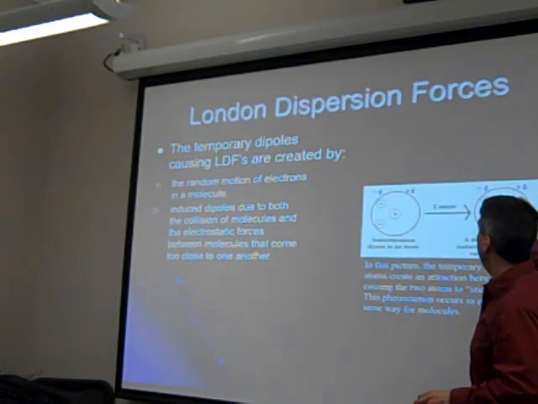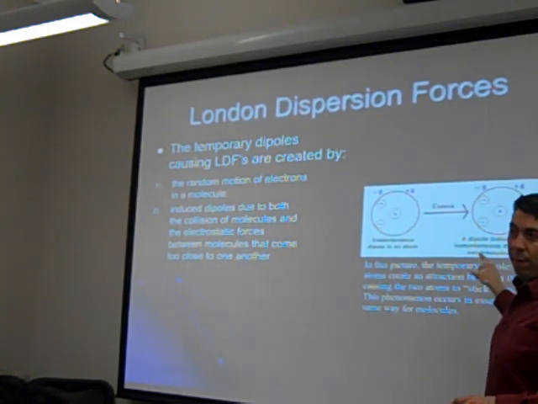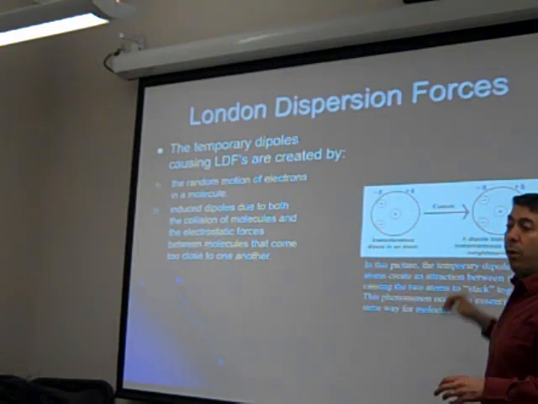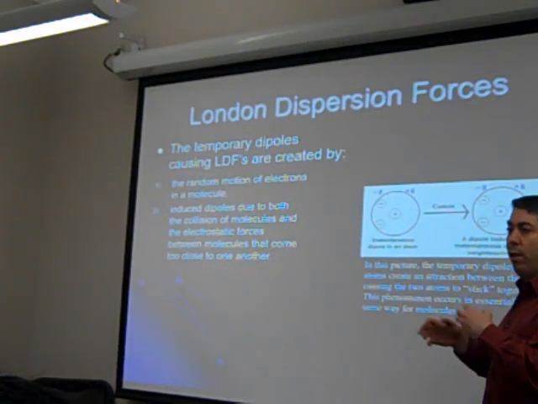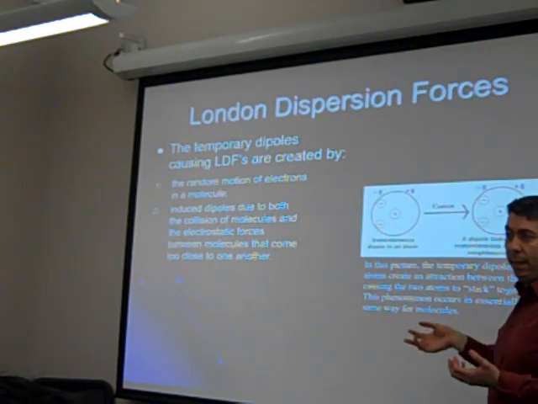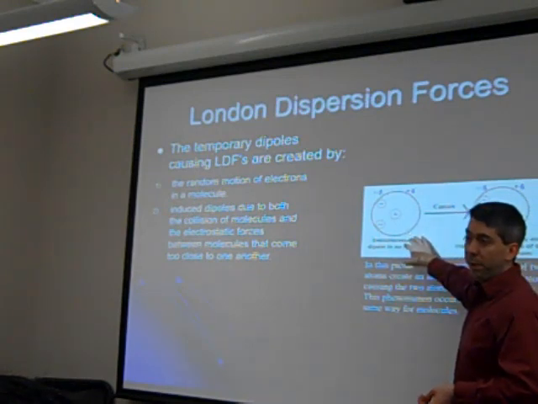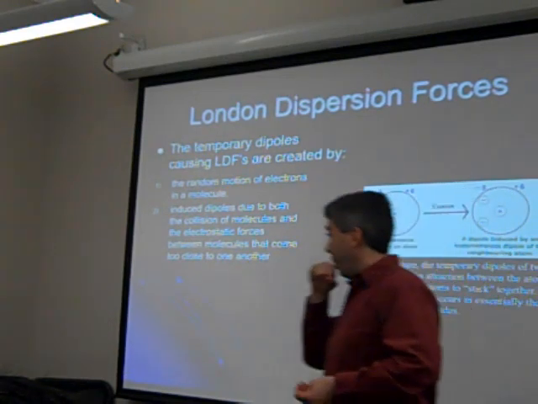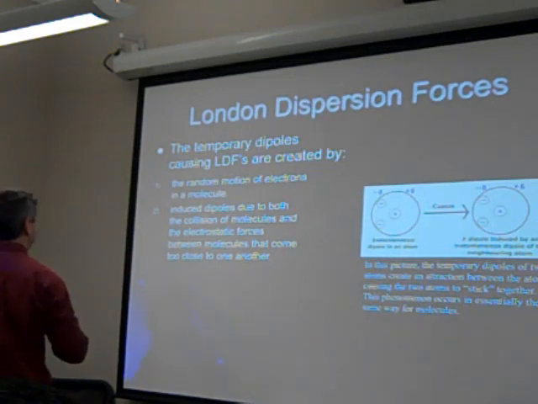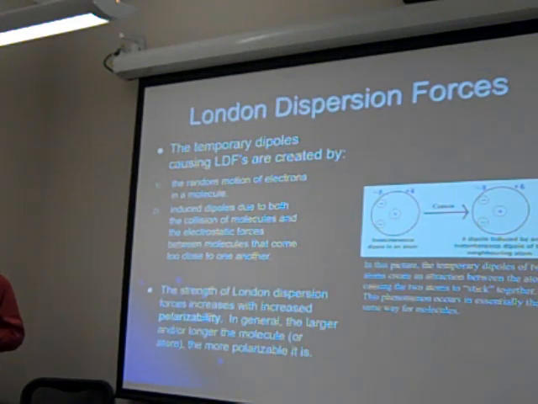That pulls those electrons to this side, causing a dipole in the neighboring atom. So they don't actually have to crash to cause a partial negative and partial positive on different sides. All they have to do is come close to each other, and you get these small partial positives and partial negatives.